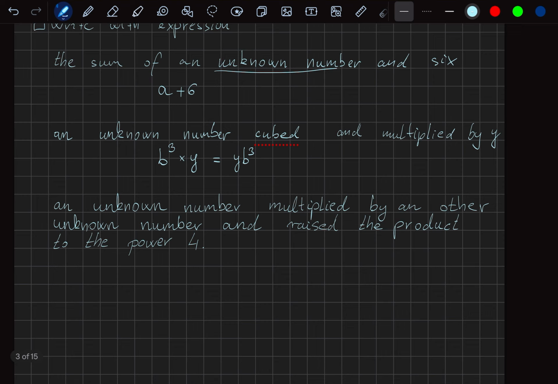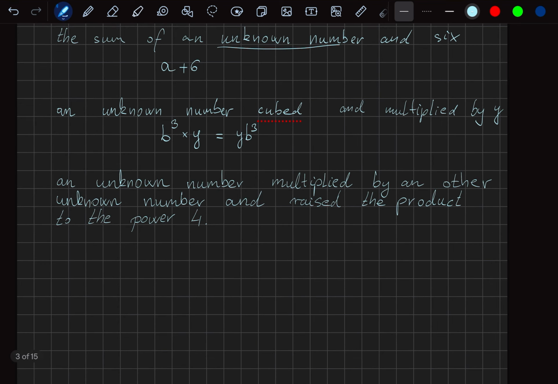An unknown number multiplied by another unknown number and raise the product to the power 4. Okay, normally we don't choose. We can choose the same number. So if I say C times D, they will be different numbers, but I can say C times C. But for another unknown number, we prefer to use another letter. And we raise the product, so this thing, to the power 4.